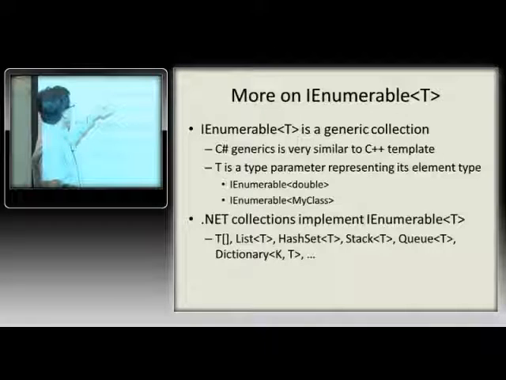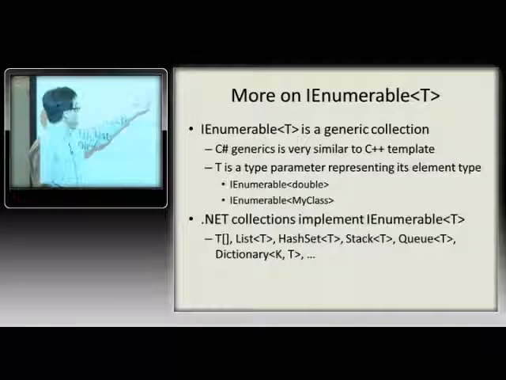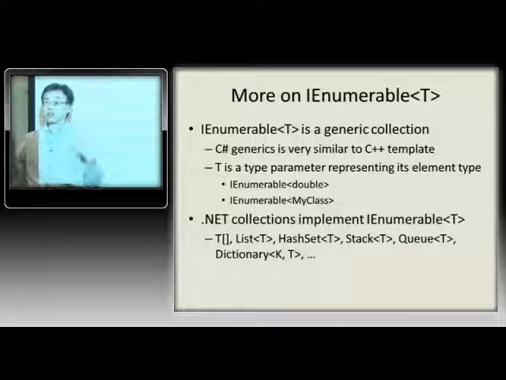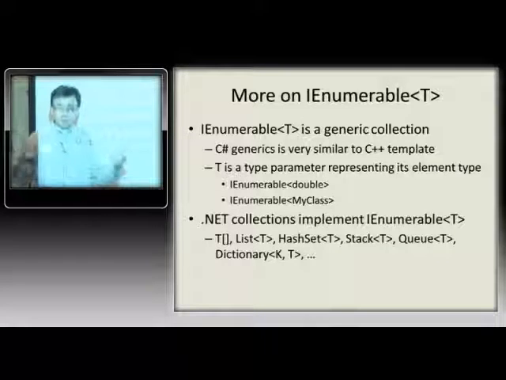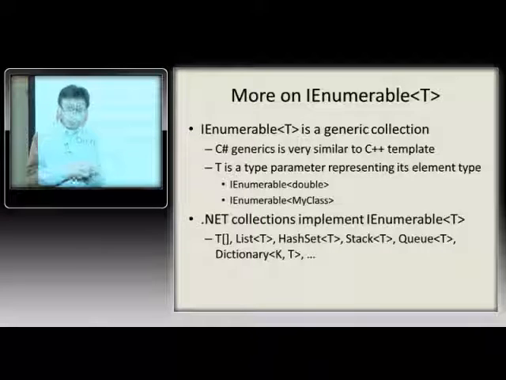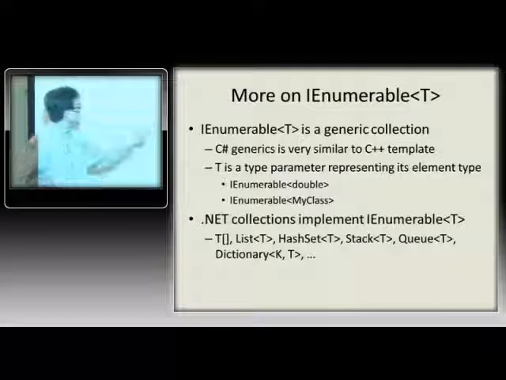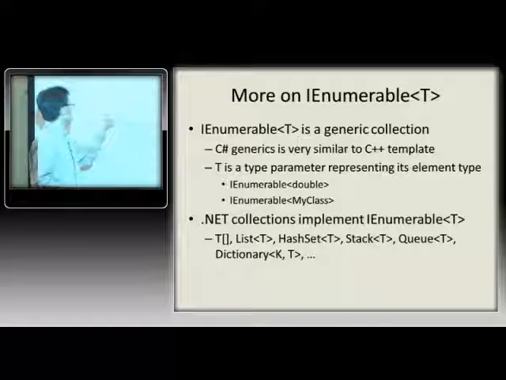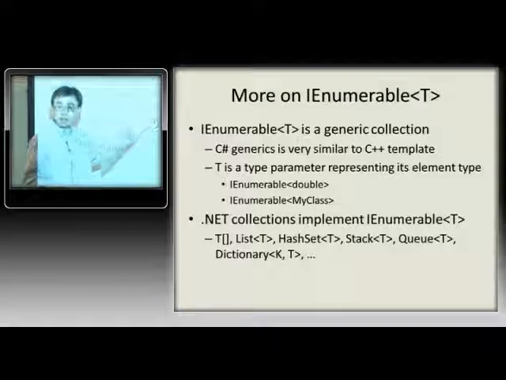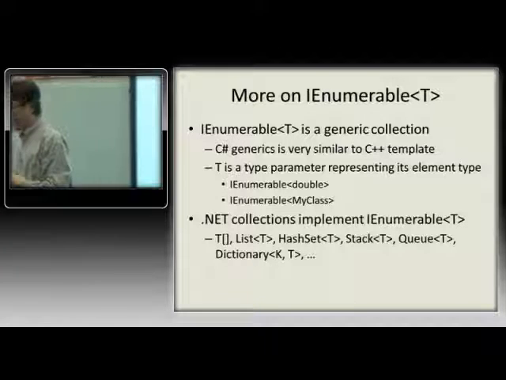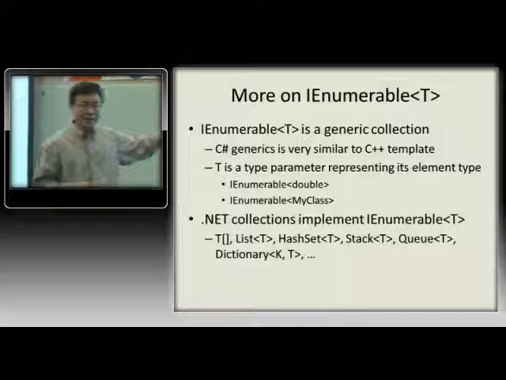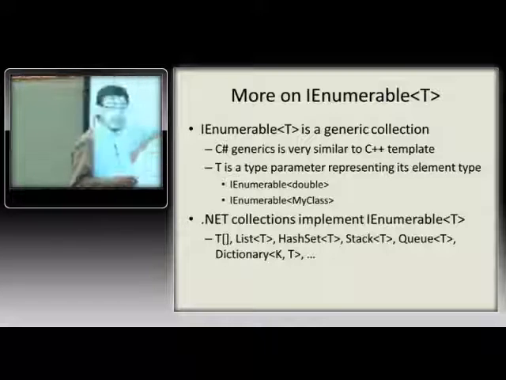If you instantiate it with a concrete data type, doubles, that means I have a collection of doubles. Just like C# and Java, you can define your own class, and if you say IEnumerable of your class, that's a collection of objects of your class.